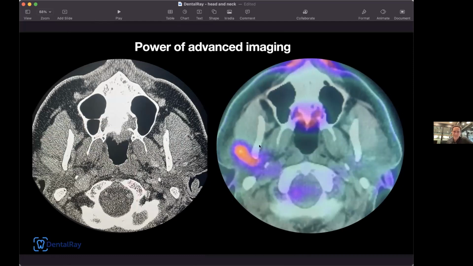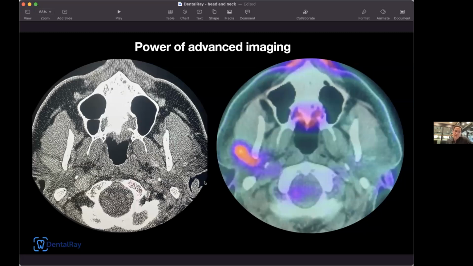So this is a PET CT, and that is a hybrid type of imaging technology that uses an injection of a radioisotope-labeled sugar molecule. It's called fluorodeoxyglucose. It works on the principle that a tumor or malignancy is more metabolically active than normal tissue.